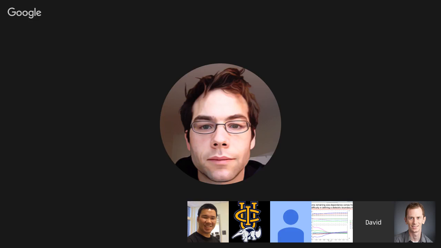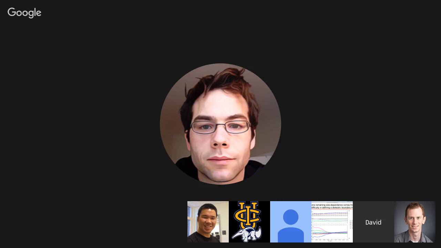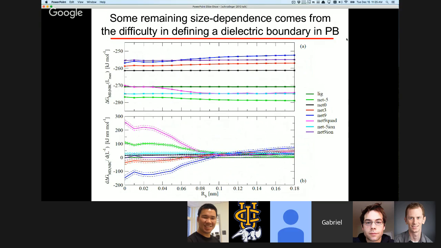So this shows the effect of that dielectric boundary. In the top figure this shows what actual charging free energies we get for each definition of the solvent radius that's used to define the dielectric boundary for the calculations. So once your solvent radius is about an angstrom, then the charging free energies really stop changing, and the bottom is the slopes of all of the charging free energies with respect to the box size.